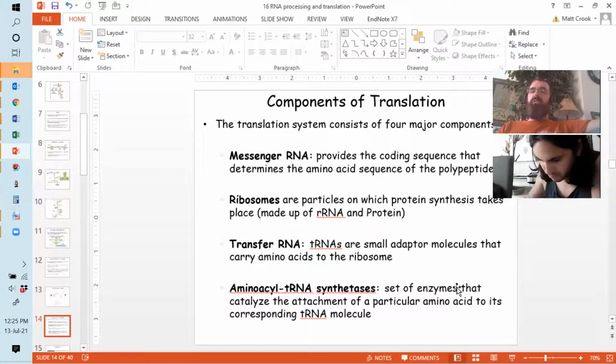But there are some pretty fundamental differences between prokaryotic and eukaryotic translation, both in the details, like the order of events, particularly initiation of translation, but also the bigger picture stuff, which ties into gene regulation later. Understanding this will be central to understanding that in the next week or so.